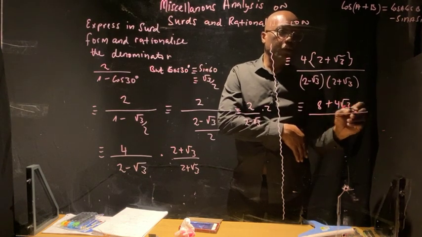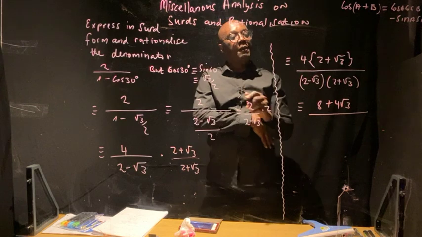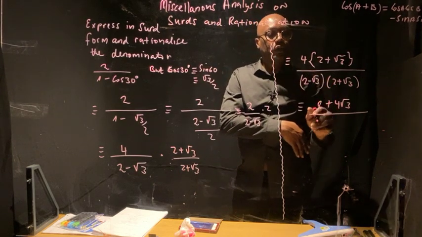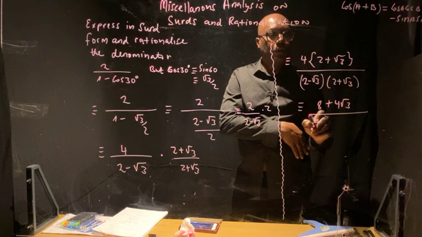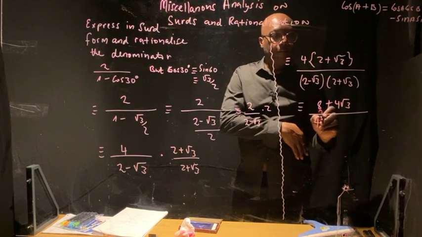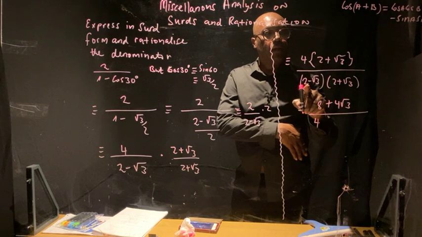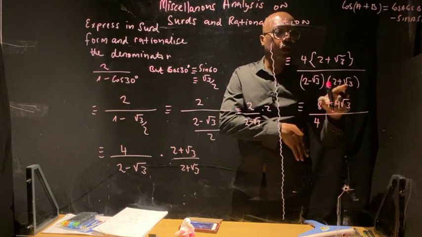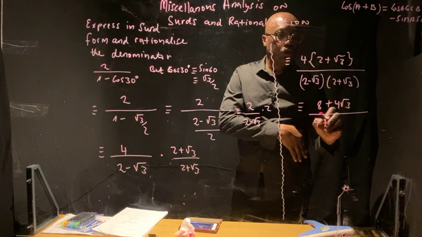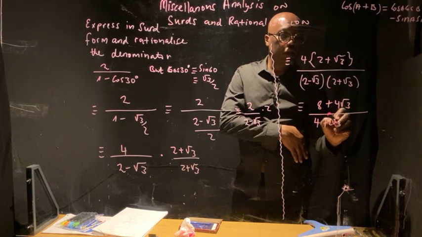Then you come to this point. 2 times 2 is equals to 4. Good. Then 2 times root 3 is equals to plus 2 root 3.